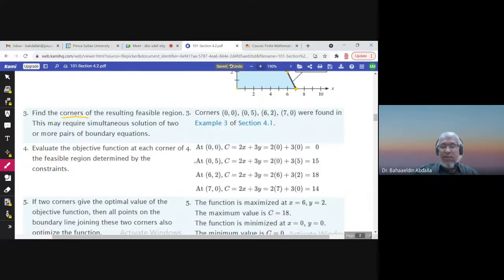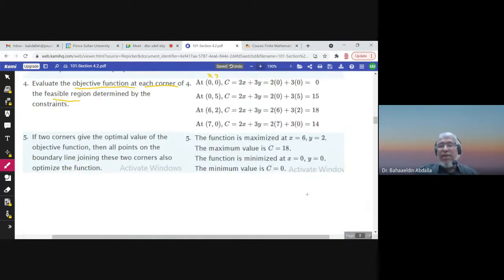Now we evaluate the objective function at each corner of the feasible region. These are the 4 corners. We evaluate C at each point. X is 0, Y is 0, and we find the value of C. The maximum value of C is 18.